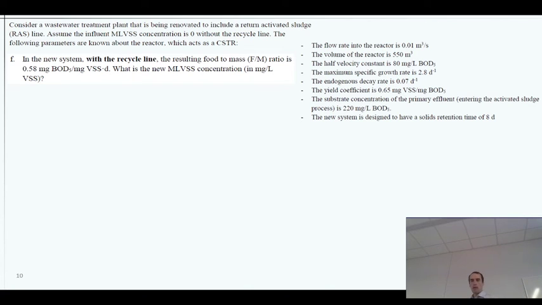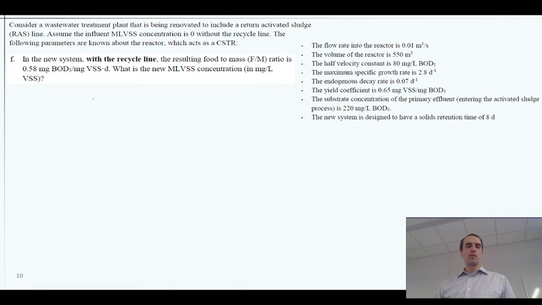Okay, so part F says, in the new system with the recycle line, the resulting food to mass ratio is 0.58 milligrams BOD per milligrams VSS per day. What is the MLVSS, the X concentration in milligrams per liter VSS?